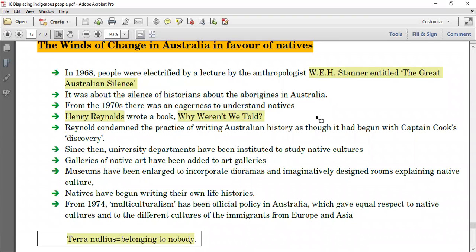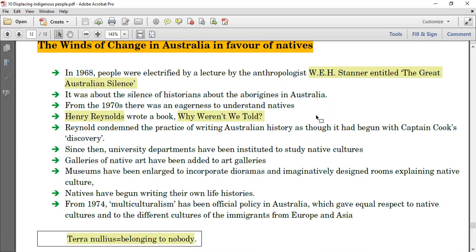What were the winds of change in Australia in favor of the natives? In 1968, people were electrified by a lecture given by the anthropologist W.E.H. Stanner, which was entitled The Great Australian Silence. This lecture was about the silence of the historians about the Aborigines in Australia.